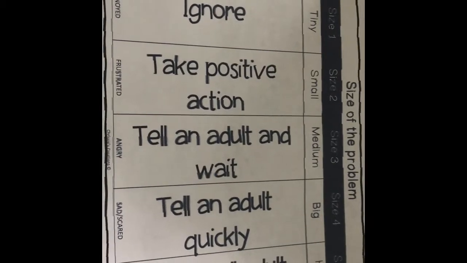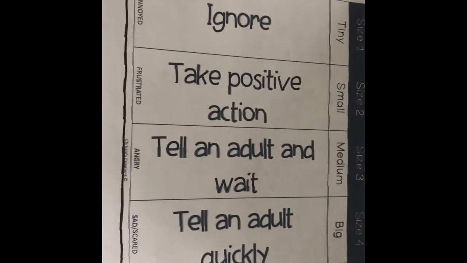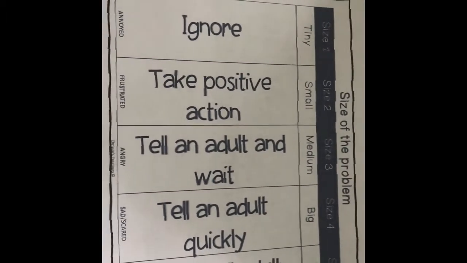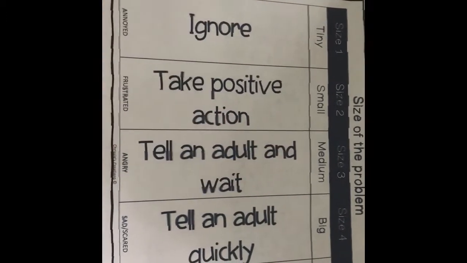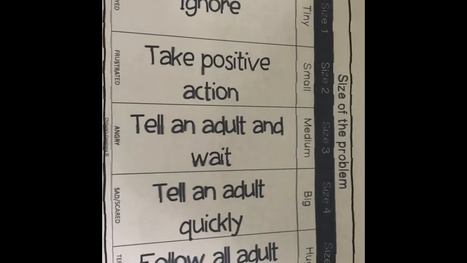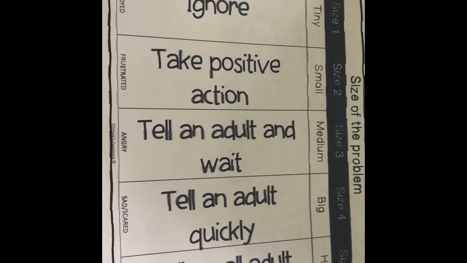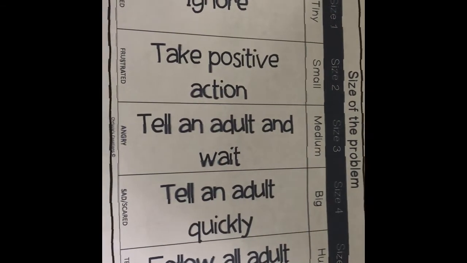Now remember, this is just examples. You may feel different emotions and you may have different reactions, but ultimately our goal is to match our reactions to the size of the problem. So let's go through each problem and talk about some examples and talk about the reactions and the emotions that are tied to each one of these.